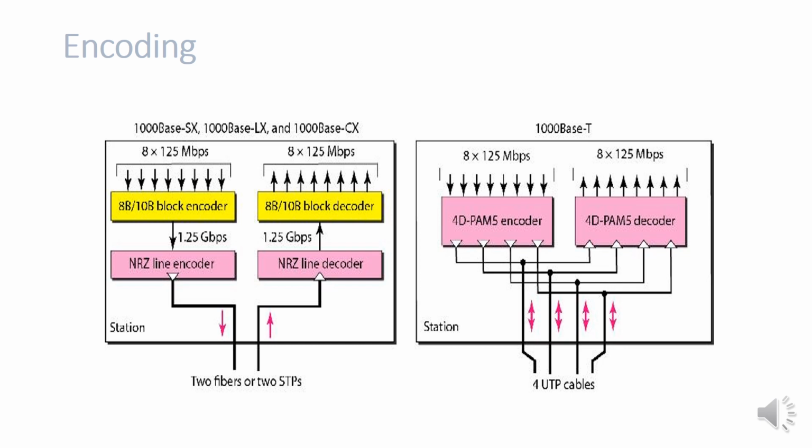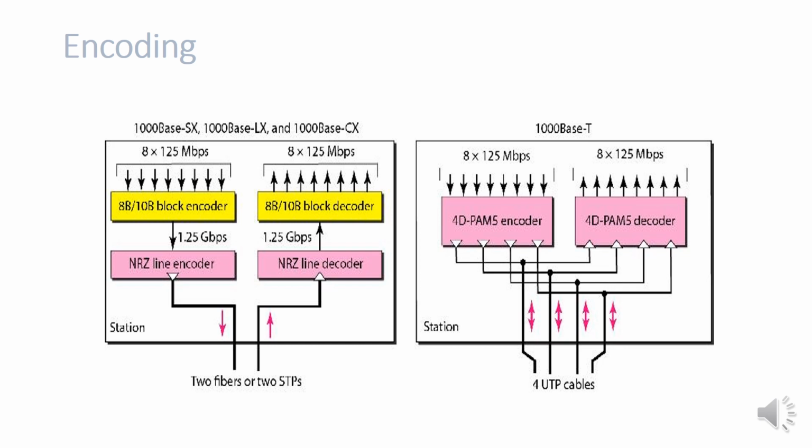So we use an 8B/10B block encoder, and after encoding we get the output as 1.25 gigabits per second. That will be fed into the NRZ line encoder. The NRZ line encoder will transmit the output to the receiver. That means this one side is encoding, the other side is decoding.